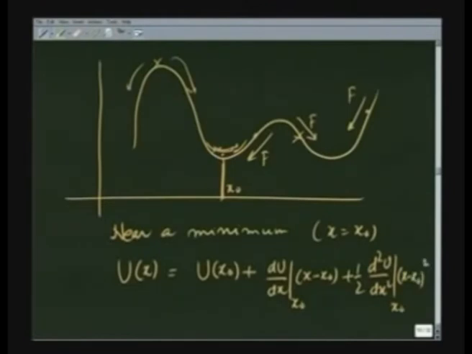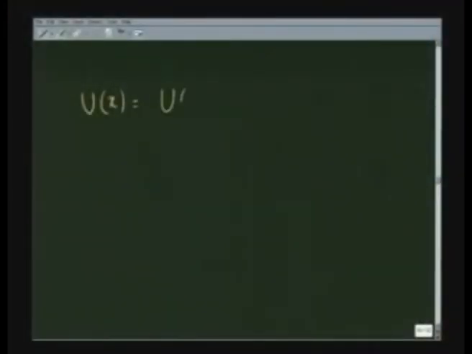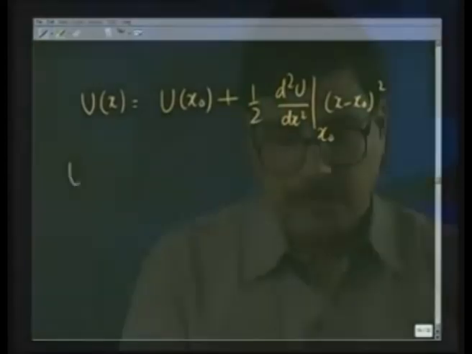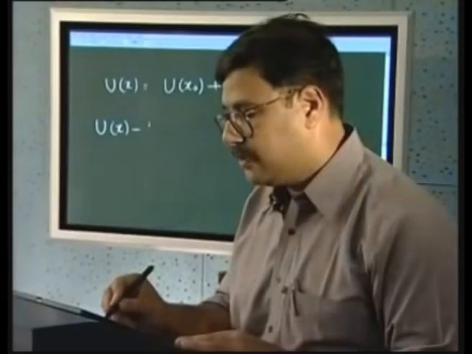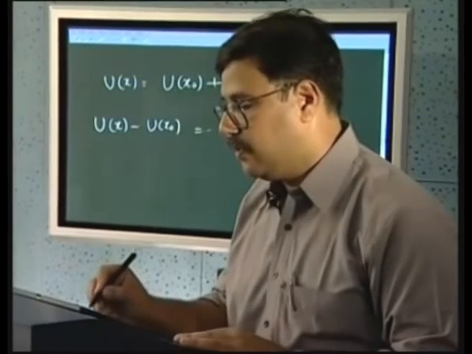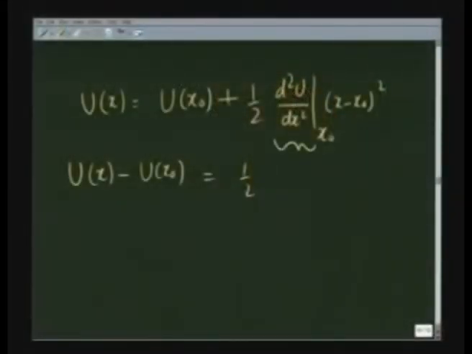Since this is a minimum, du/dx at this point vanishes, and therefore I have u(x) equal to u(x0) plus 1/2 d²u/dx² at x0 times (x minus x0) squared, and therefore the difference in the potential energy u(x) minus u(x0) is equal to 1/2 of this, which, being a minimum, is a positive quantity, so let me write this as k (x minus x0) squared for small displacements.